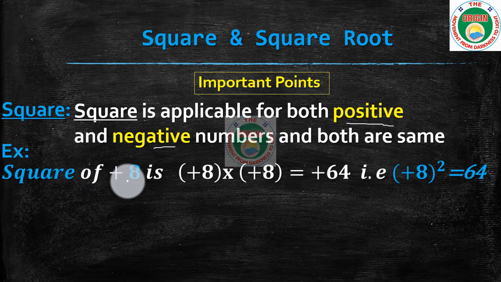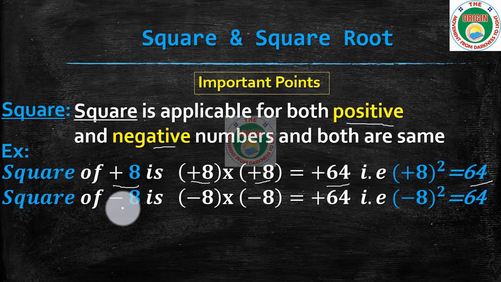Example, square of plus 8 is plus 8 into plus 8. Square is nothing but multiplying 2 times. Plus into plus is plus, 8 into 8 is 64. So square of plus 8 is 64, that is plus 8 whole square equals 64.